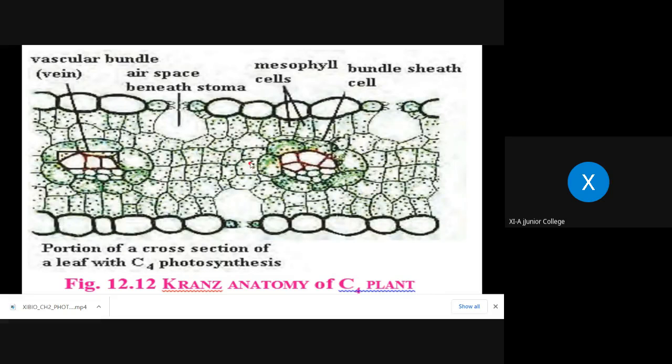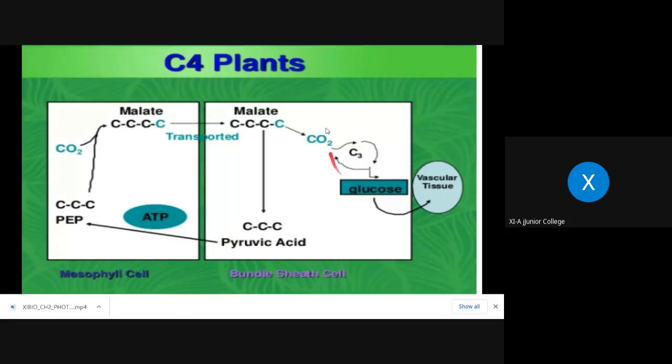Now this 4-carbon compound malate enters the bundle sheath cells. Here in the bundle sheath cells, it gets converted into a 3-carbon compound, that is pyruvic acid, with the release of 1 molecule of CO2.